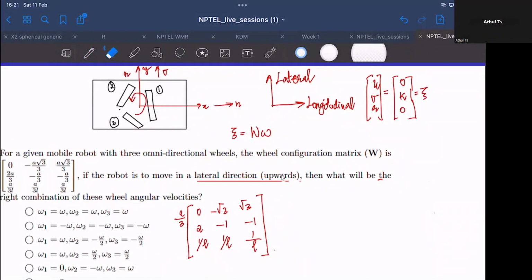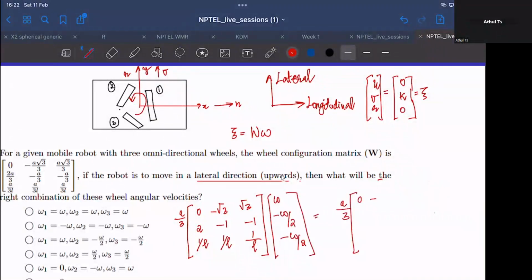Then what about the third case? The third case would be omega, minus omega by 2, minus omega by 2. If we expand this out, a by 3 times: the first element would be 0 minus root 3 omega by 2 plus root 3 omega by 2, and the second row would be 2 omega plus omega by 2 plus omega by 2.